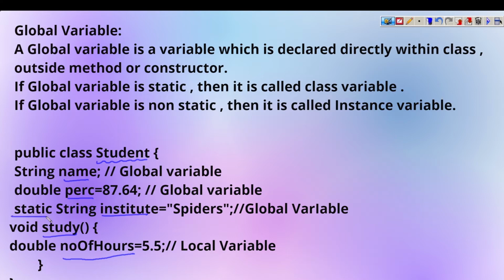Now you can see one variable is having the keyword static. Whenever you declare any variable with the static keyword, it is called a class variable, or also a static variable. And if any variable is initialized within a method, then that is called a local variable.